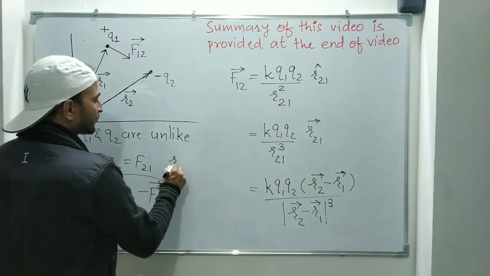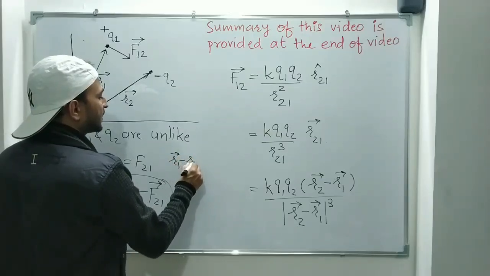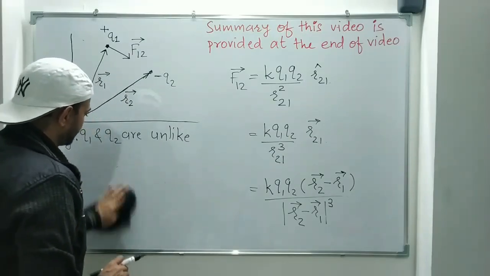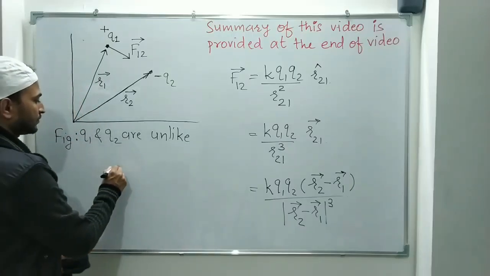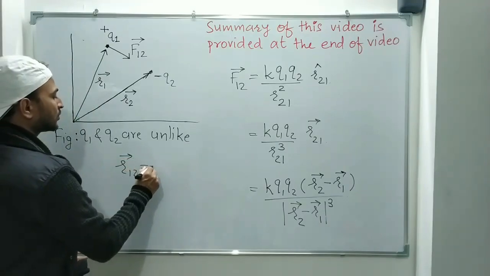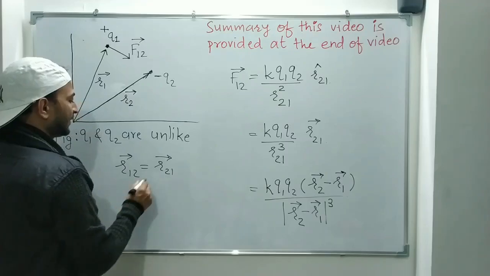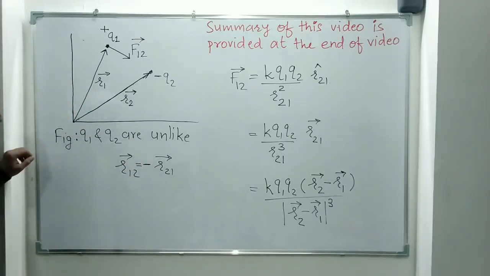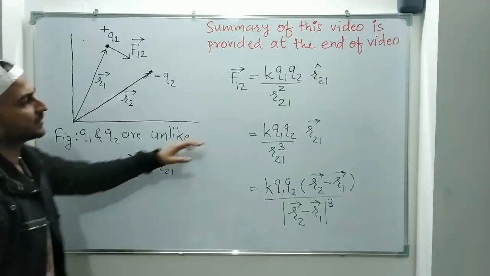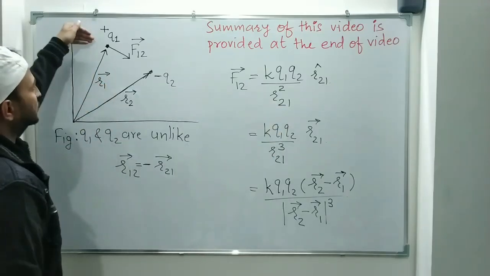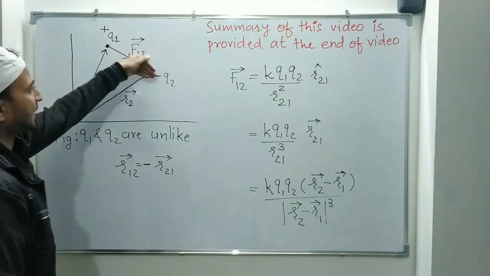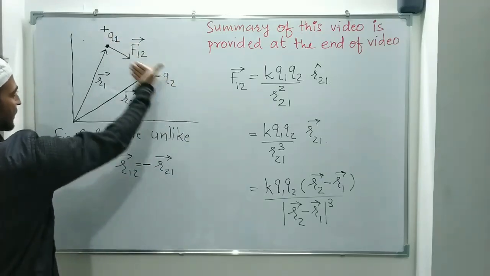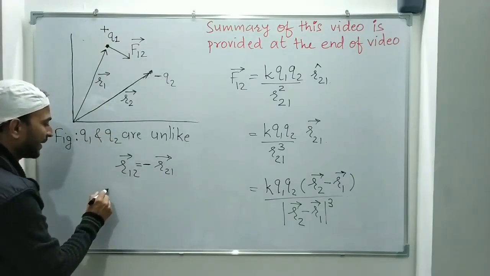Similarly, the R12 vector and R21 vector are both equal in magnitude but opposite in direction. Here in this case, R21 has this direction, so R12 will have the opposite direction.